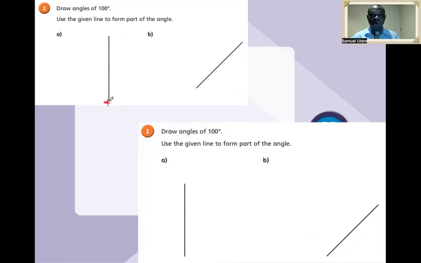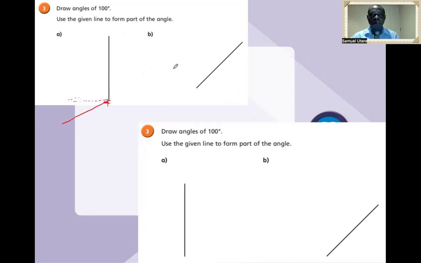You can either measure in that direction or that direction, or you could even measure from the top. But let me focus on here. If we're using, for example, our inside scale, we know 90 degrees would look like this. So when we finish measuring our 100 degrees, the angle should look about like that.